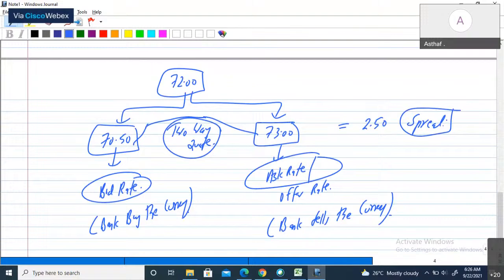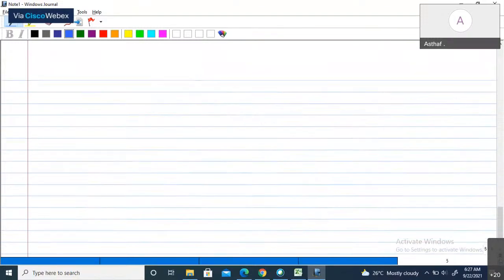So we were discussing that the rate at which the bank buys the currency is called bid rate. The rate at which the bank sells the currency is called ask rate. The difference between these two is called spread. So now we will go further.